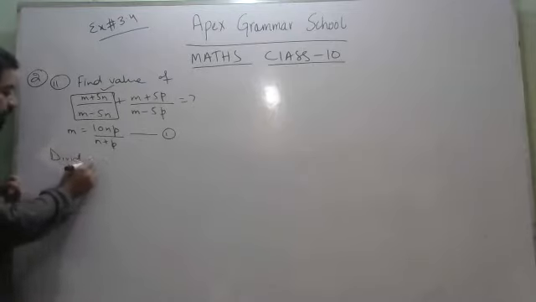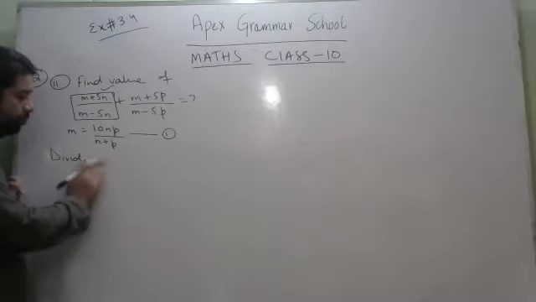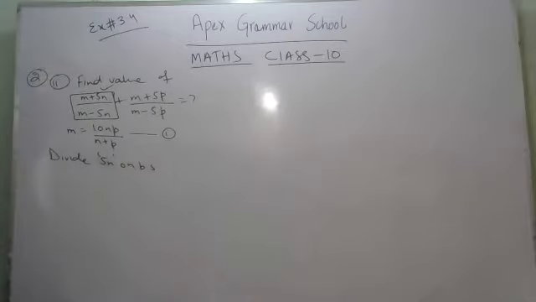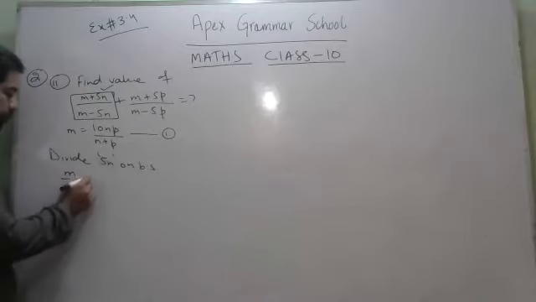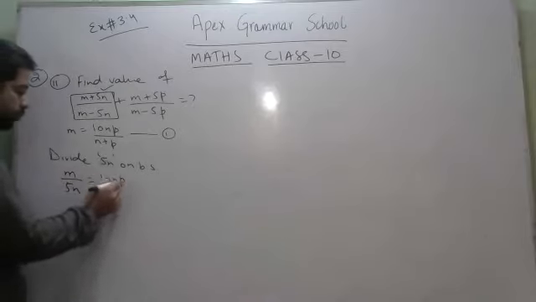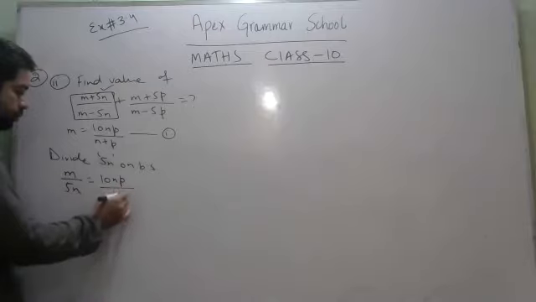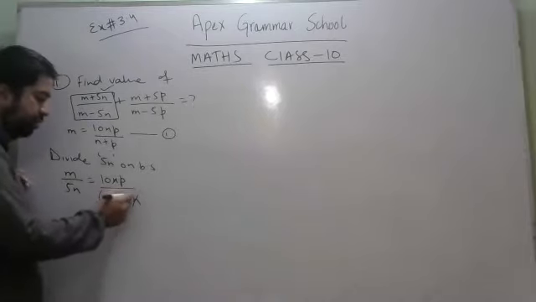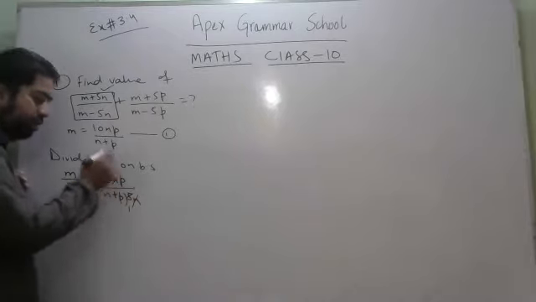So we need to divide both sides by 5n. After dividing by 5n on both sides, you can cancel this, and 5 ones are 5, 5 twos are 10.